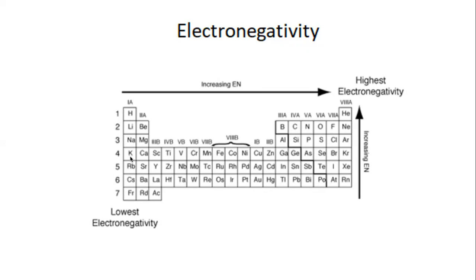What element would be able to attract electrons more? Potassium here, K, or beryllium here with Br? And the answer would be beryllium, as we have increasing electronegativity going from left to right.